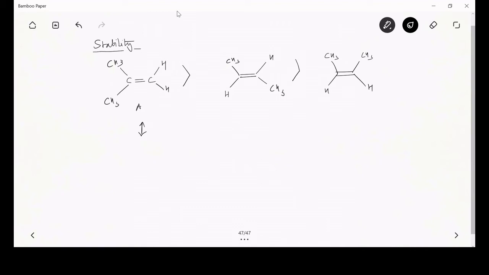Suppose it is happening with this first methyl group. That means the other methyl group will remain the same, and this CH2, now here is the H.